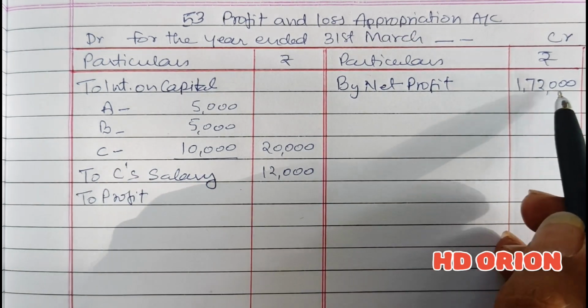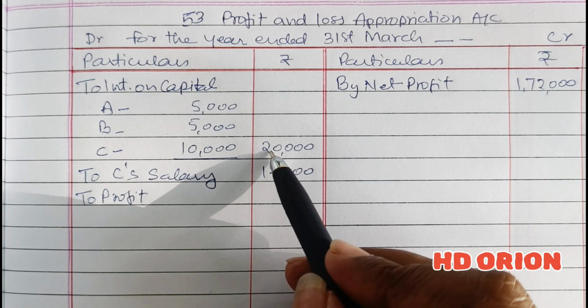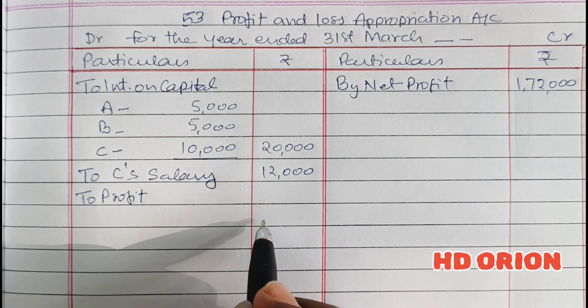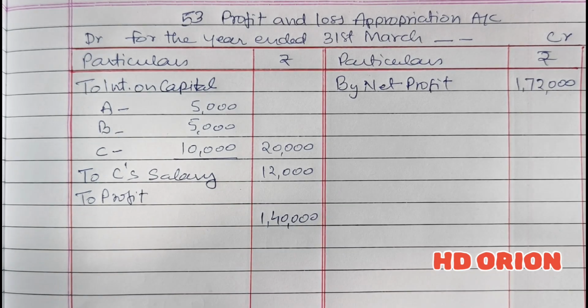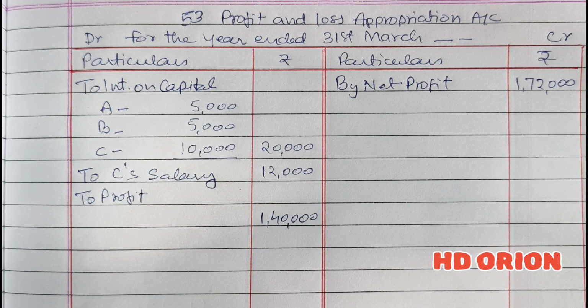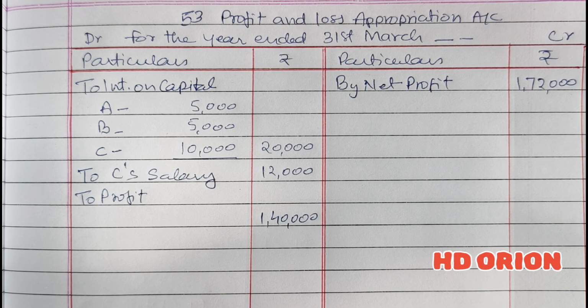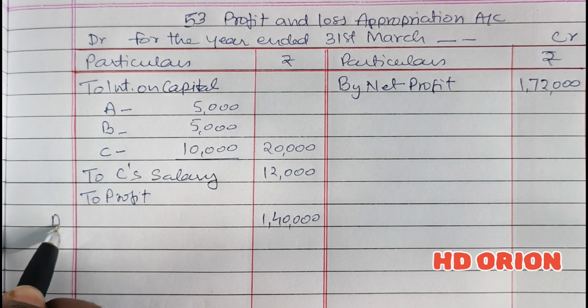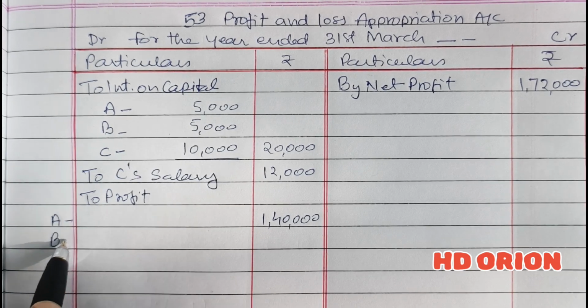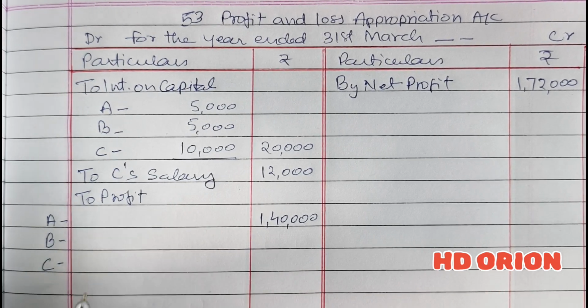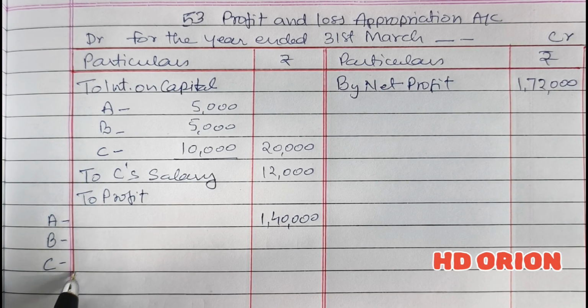So 1,72,000 minus 32,000. So how much is the profit? 1,40,000. But this profit has to be distributed in various ratios, and there are 3 ratios suggested. We have to provide proportionately. So to partners A, B and C, I am writing it in the margin, you see the profit 1,40,000.